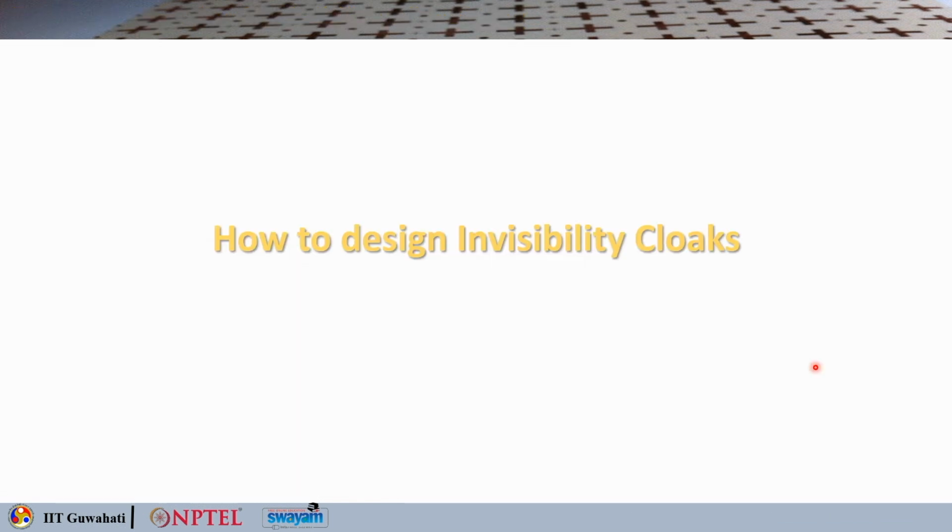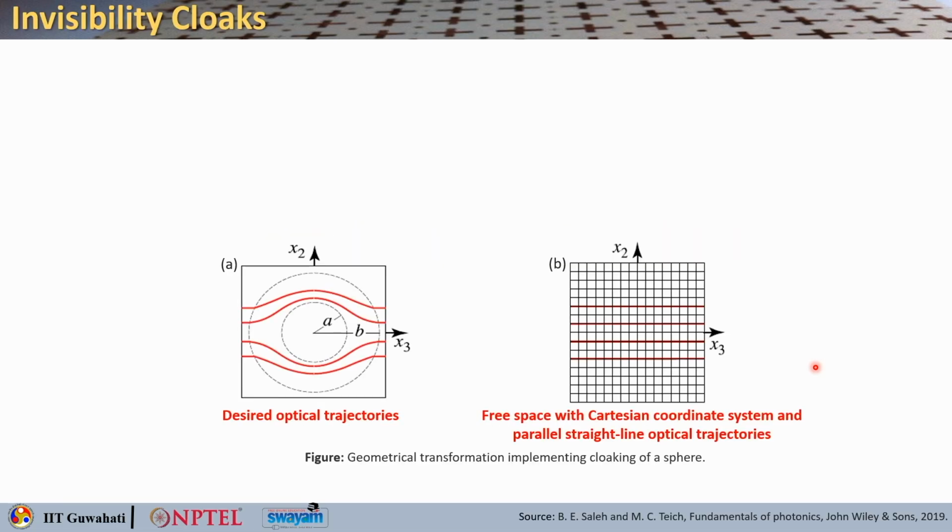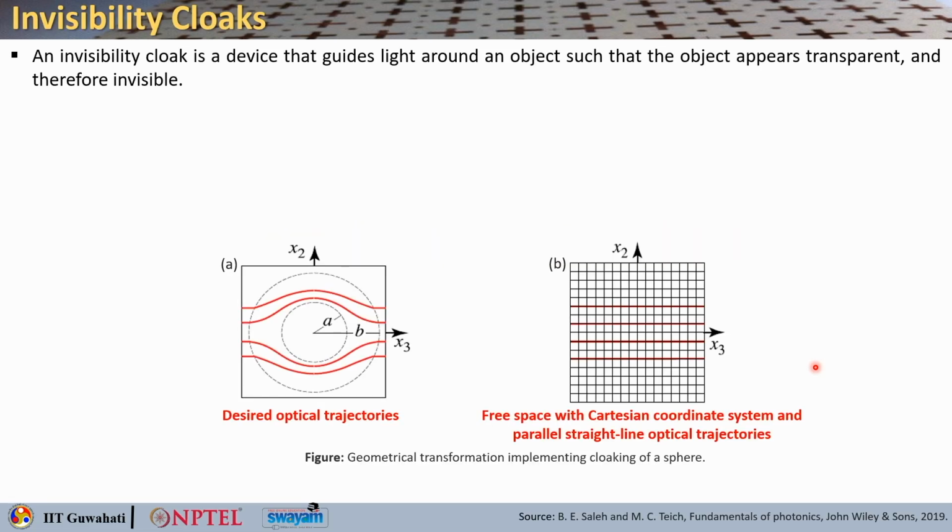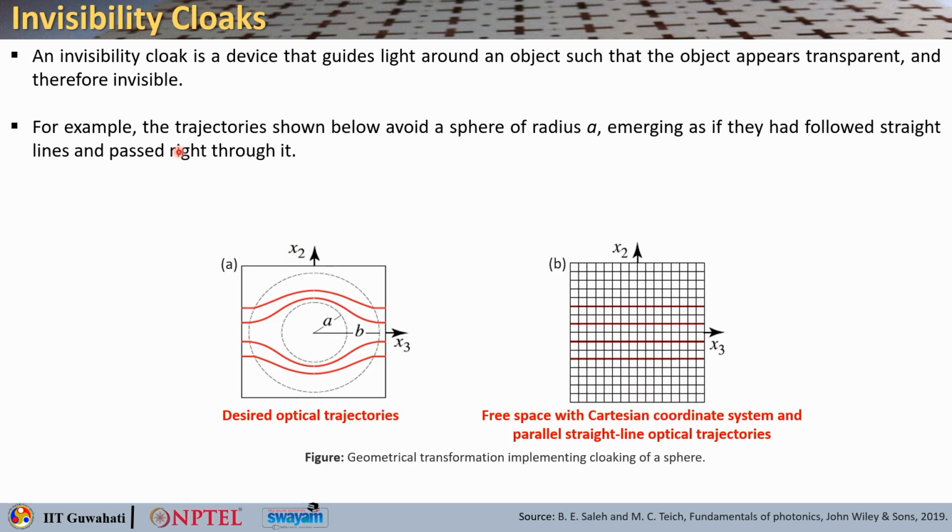Now, how to design these invisibility cloaks? This is the reason why we have studied transformation optics, or coordinate transformation, because that will be utilized in this particular example. We saw that invisibility cloaks are going to guide light around the object. So, if you want to hide this object, you have to map this region into this shell region.